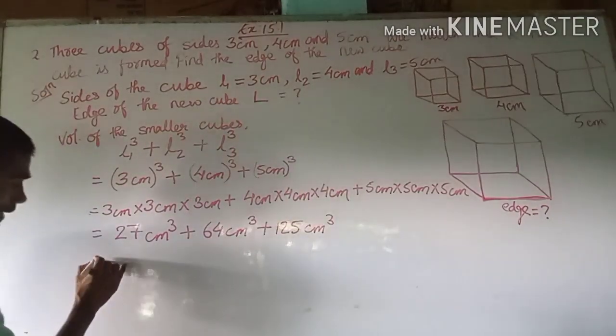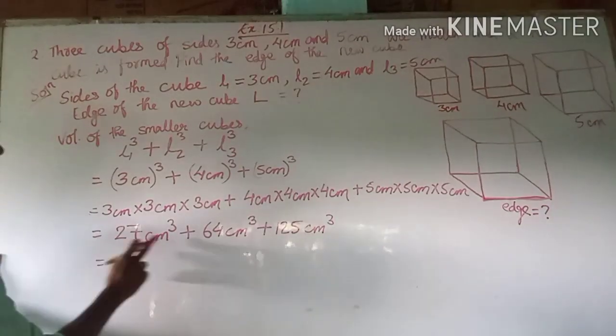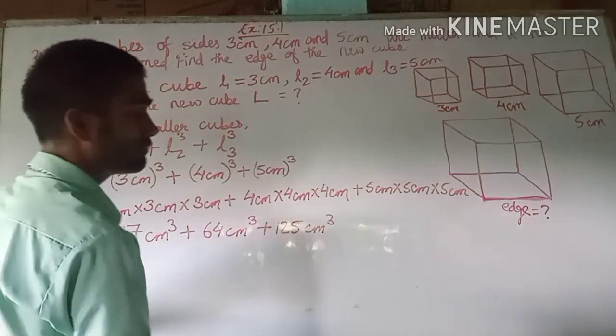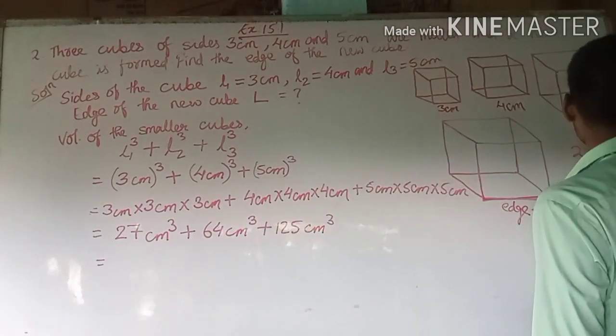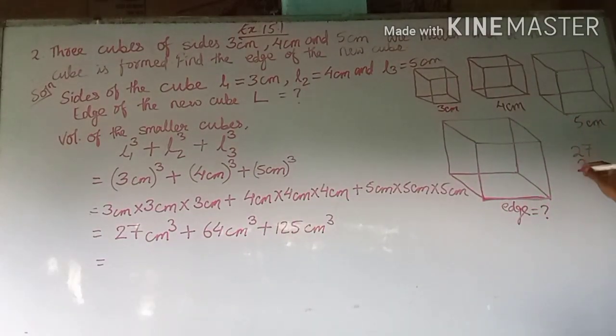Now we will add them: 27 plus 64 plus 125.